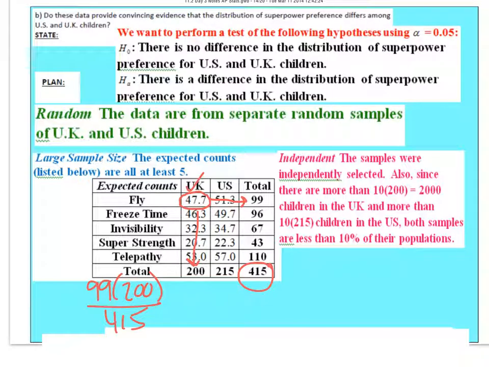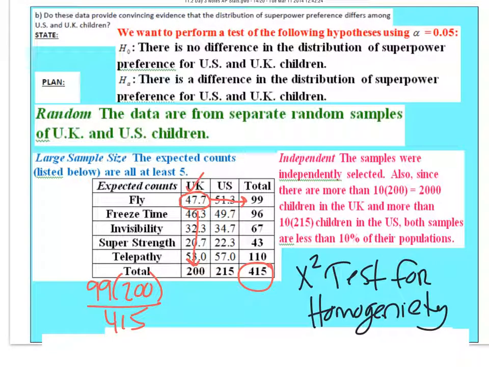I don't have it written down here, but let's actually write the test we're doing. I do know the name, so I'm going to say it's a chi-squared test for homogeneity. Now the AP board will give you some advice about naming the test. If you can't remember specifically if it's for homogeneity or goodness of fit, they would recommend that what you write down as a minimum is just say it's a chi-squared test and leave it at that.